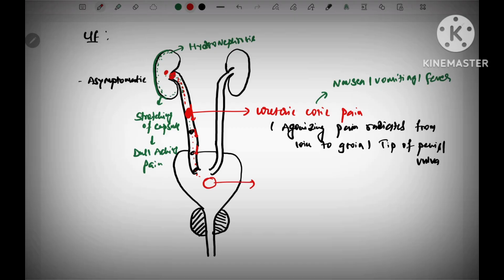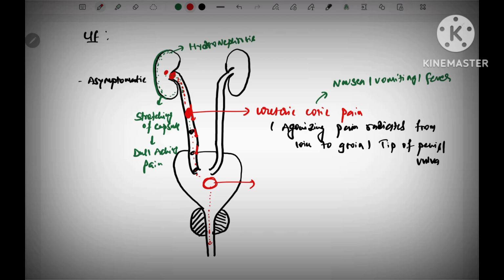But if the stone starts traveling again and comes into the urethra, I will talk about sizes later, but assume a relatively bigger stone of about 6 mm, 7 mm, and it tries to pass through the urethra.